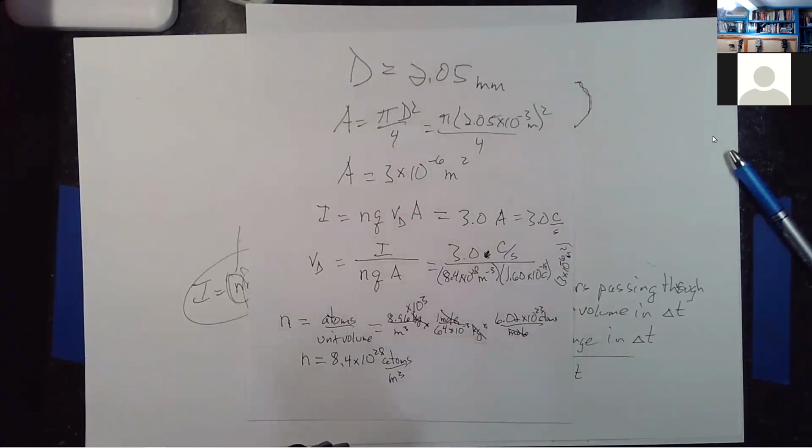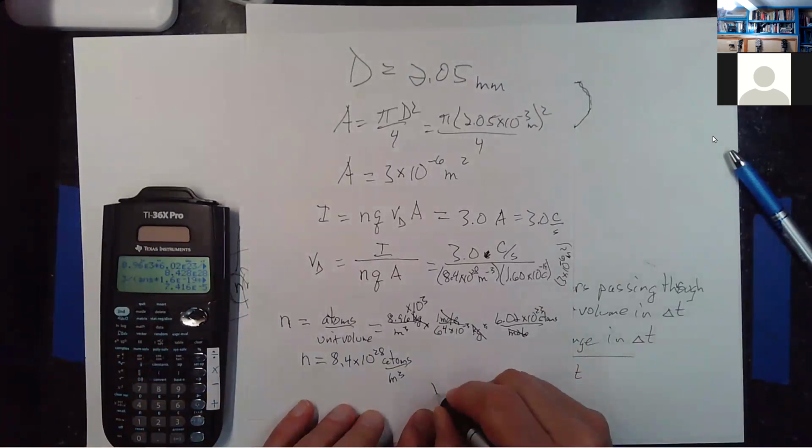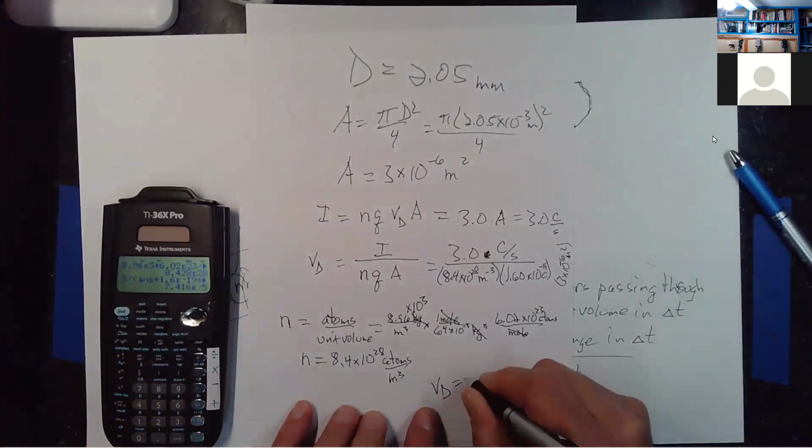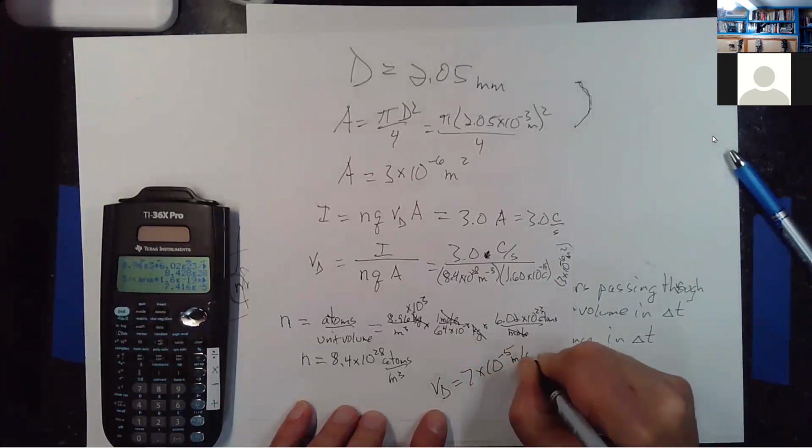Let's hope I didn't foul anything up. I get a pretty small drift velocity of about 7 times 10 to the -5th meters per second.